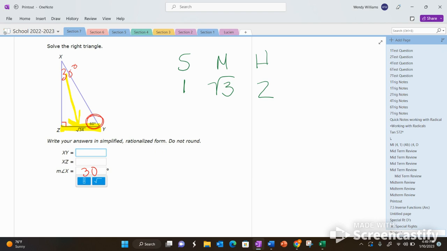We can set up proportions to solve, or we can use the multiples to solve. The small side is square root of 34. And we know that the hypotenuse is twice as big. So the hypotenuse is 2 times the square root of 34.